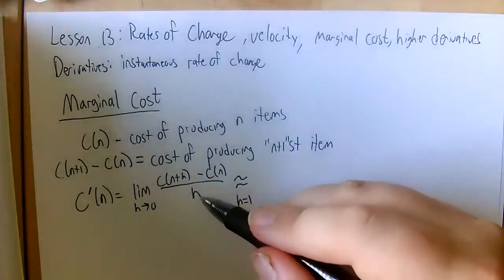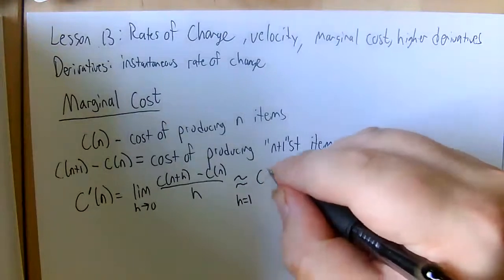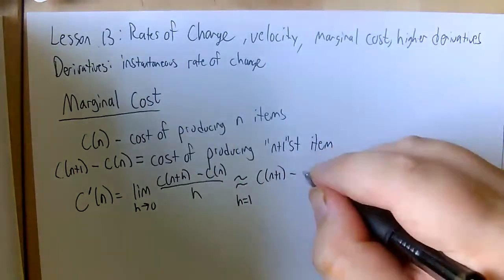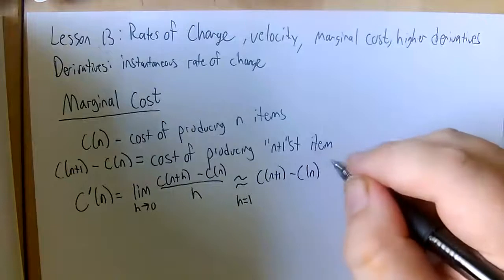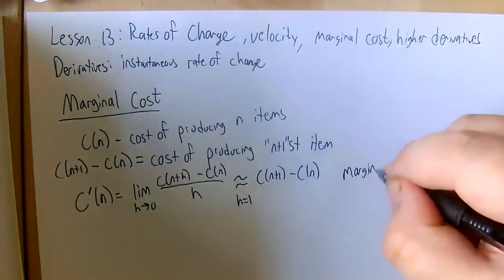So dividing by 1 here will get rid of this fraction, and then we end up with c of n plus 1 minus c of n. Now, what does this represent? So this is the marginal cost.